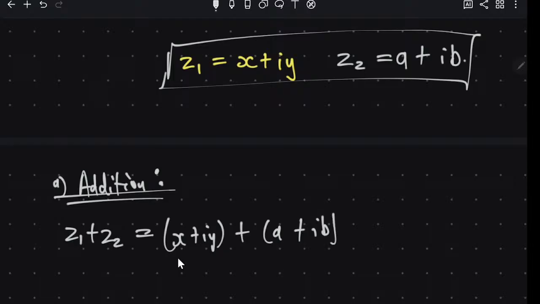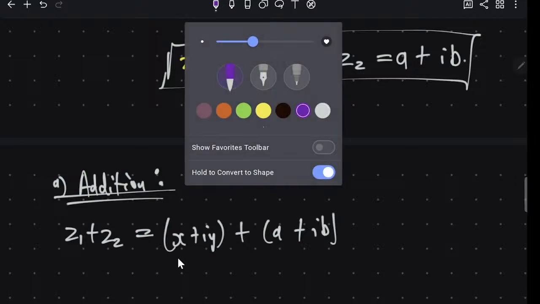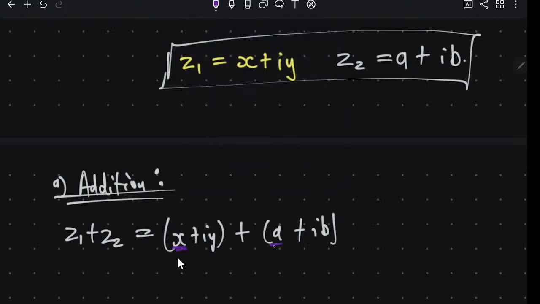Now, how do you add? It's so simple. Adding and subtraction are so simple. You just add the real parts, then you add the imaginary parts separately. So it's X plus A, plus Y plus B of I. When you are adding, imaginary adds imaginary, real adds real.